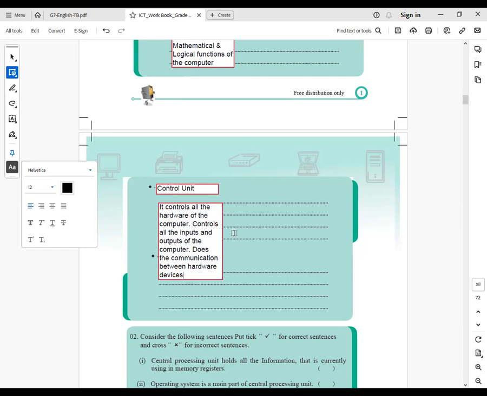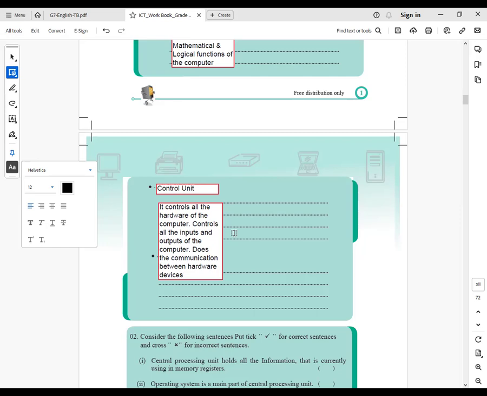Communication should be there because when we instruct it to do a printout, that signal should be delivered to the relevant hardware.